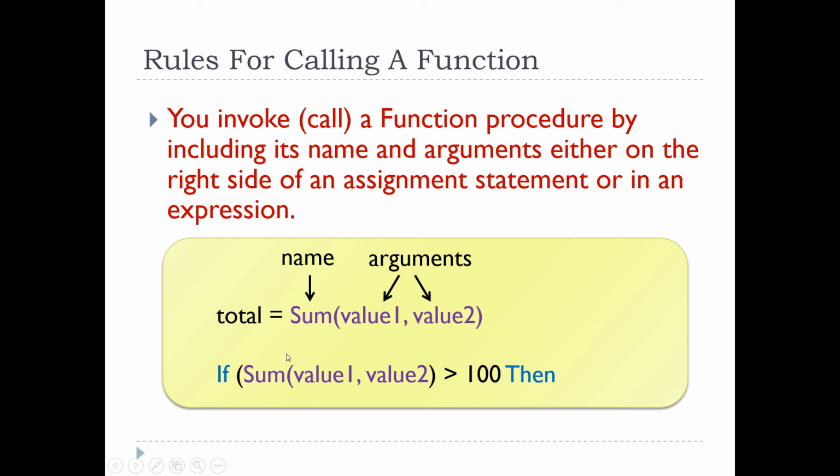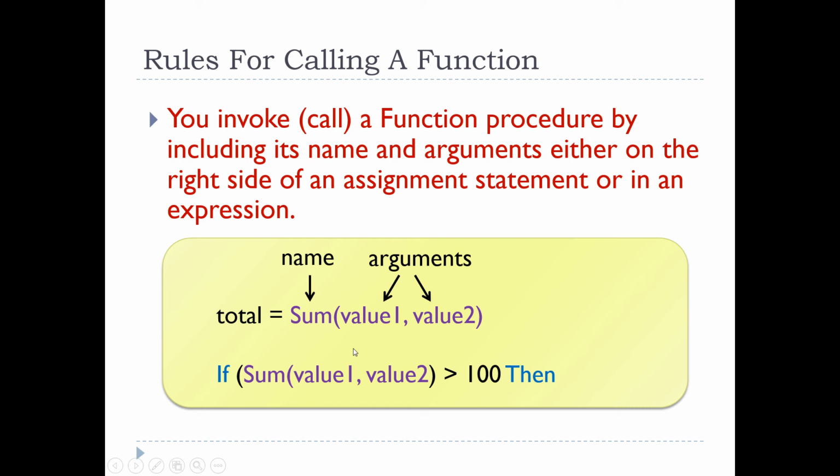This is the first part, on the right side of the equal sign, the assignment operator, or in an expression. This is an expression, right? A condition. We want to know if the sum of these two numbers is greater than 100, so we say if 10 is greater than 100.